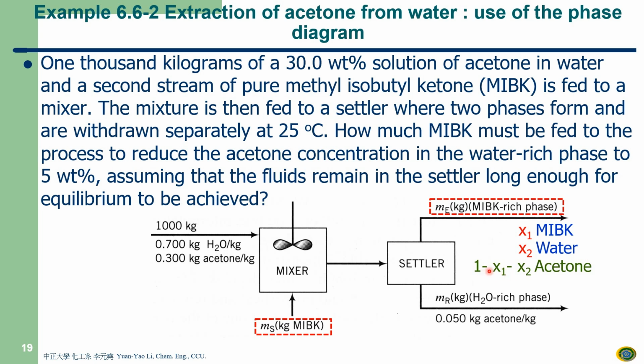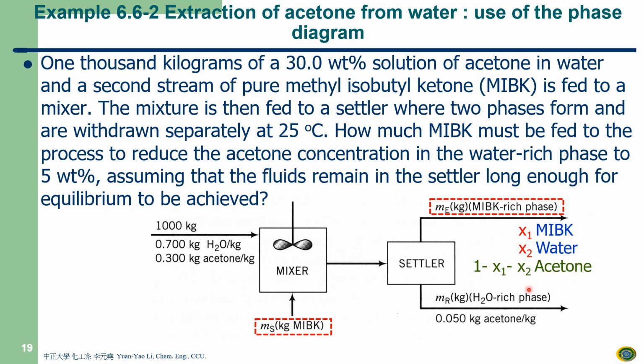For the mass fraction of acetone, I did not mark it in red. Others are marked in red because among these three unknowns, there are only two independent. So the label I mark in red means that unknown you need to find out.